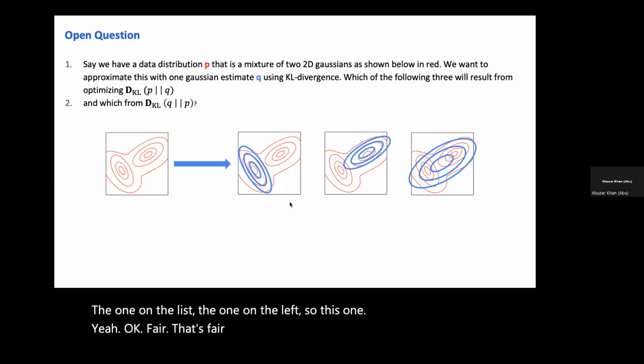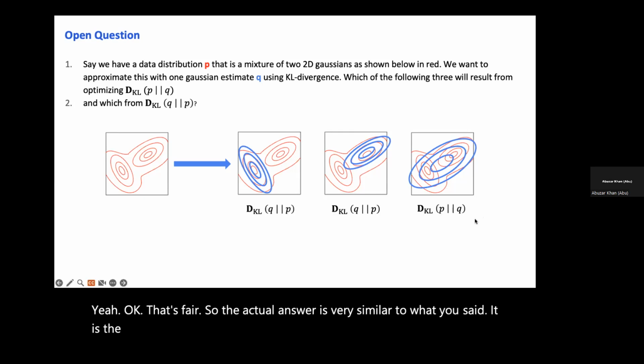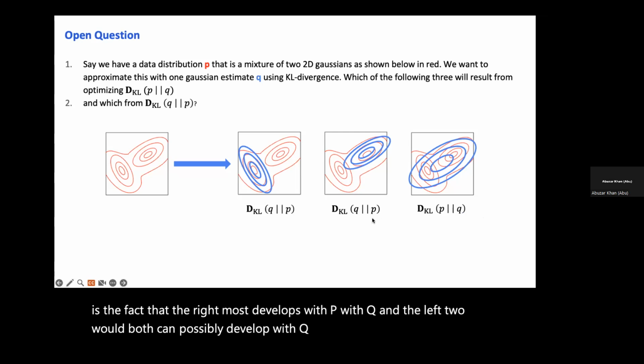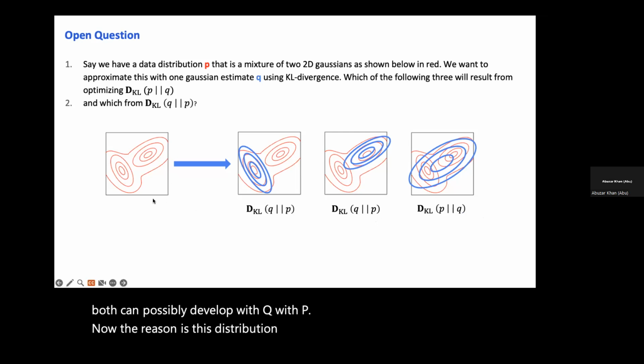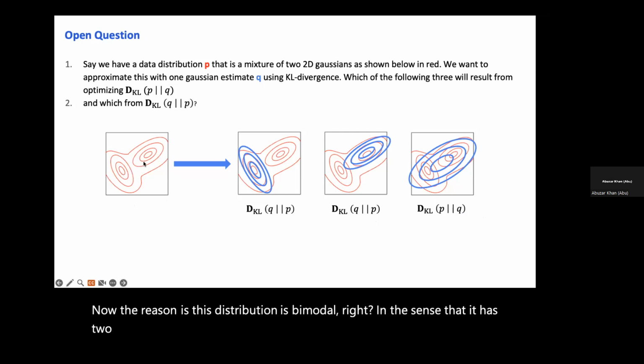So the actual answer is very similar to what you said. It is the fact that the rightmost develops with P with Q, and the left two can possibly develop with Q with P. Now the reason is this distribution is bimodal, right? In the sense that it has two means from which the Gaussians originate.